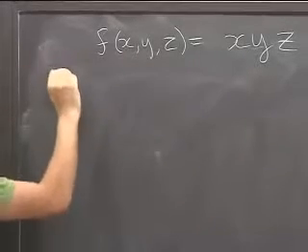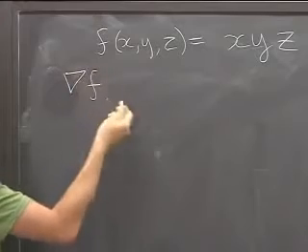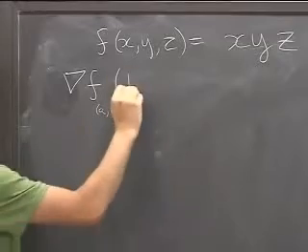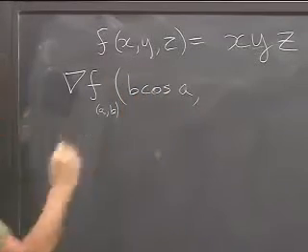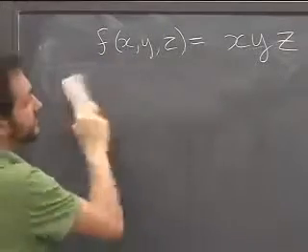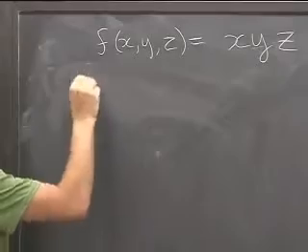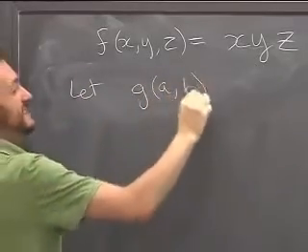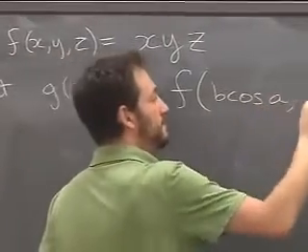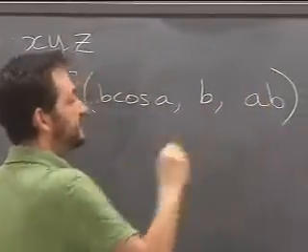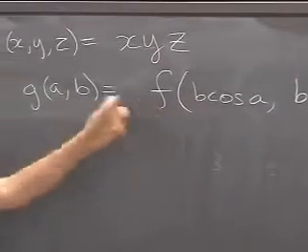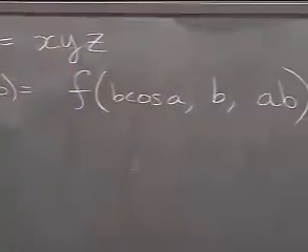Actually, let's even write it like this. I don't want to bog down the notation. Let g of a, b be f of b cosine a, b, ab.